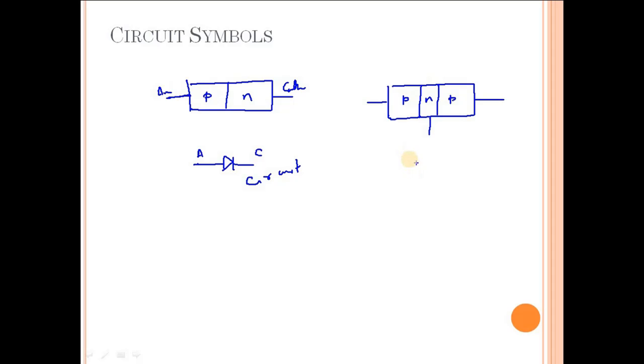So we'll use the circuit symbol. Let us be very clear about the circuit symbols for BJTs: the specific circuit symbol for the PNP BJT and for the NPN BJT. Although this is the construction diagram of the PNP BJT, the circuit symbolic representation of the PNP BJT will look somewhat like this.